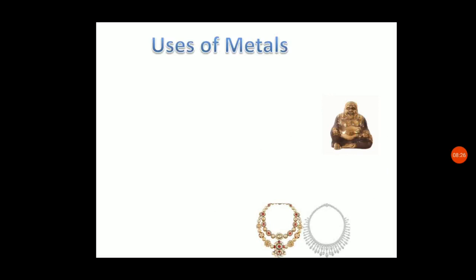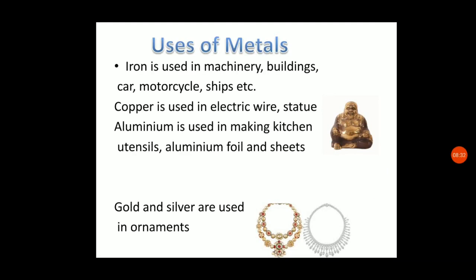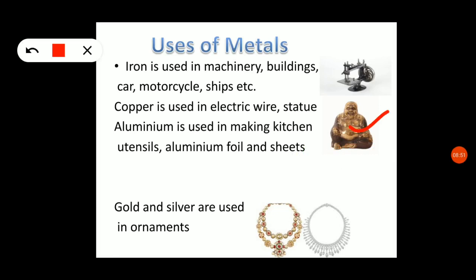Next we will study what are the uses of metals. Here iron is used in machinery, buildings, car, motorcycle, ships, etc. And copper is a metal which is used in electric wire and also to make the statues.